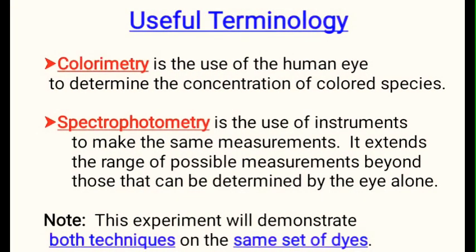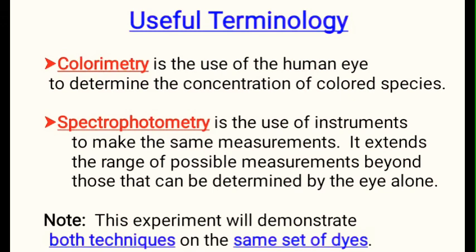The terminology colorimetry is the use of the human eye to determine the concentration of colored compound, and spectrophotometry is the use of an instrument to make the same measurements.